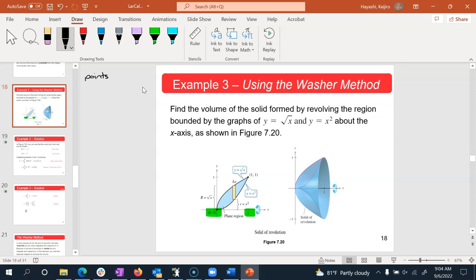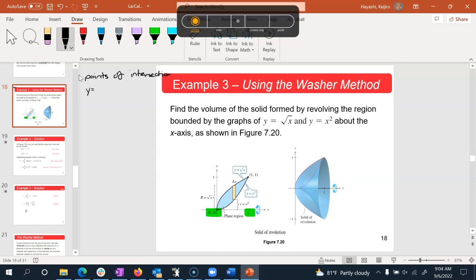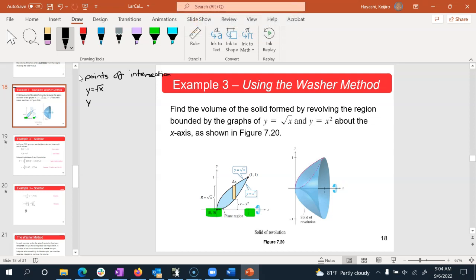So if these weren't marked as (0, 0) and (1, 1), you could find your points of intersection by taking one curve, taking the other curve, and setting them equal to each other. You can square both sides to get rid of that square root. You could move everything to one side. You could factor out an x.